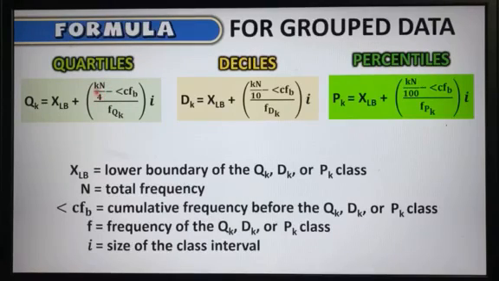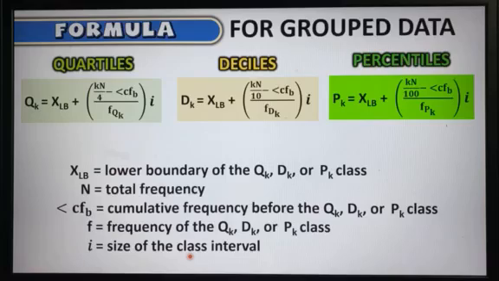So, K times n over 4 for quartile, Kn over 10 for decile, and Kn over 100 when we are looking for the percentile. The other given values are almost the same: x sub LB or the lower boundary, n is the total frequency, the cumulative frequency, the frequency of the class, and of course, i is the class size of the class interval.